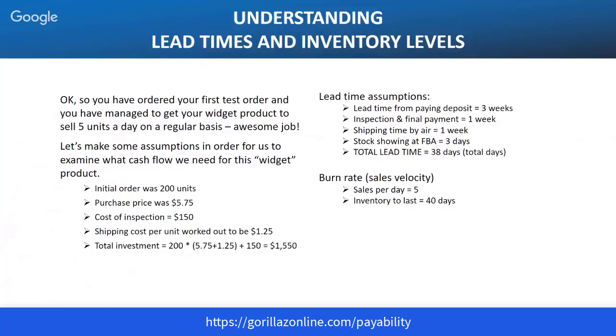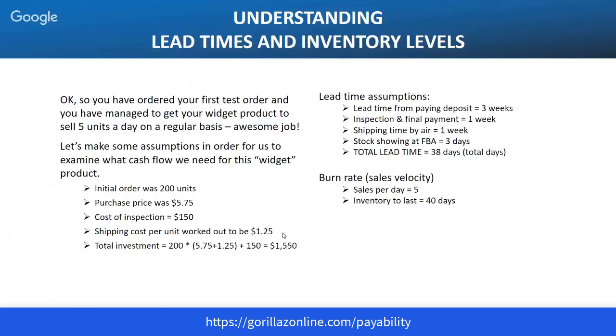Purchase price was $575. The cost of inspection was $150, just to make sure that everything was running smoothly for our first order, and I always recommend getting a product inspected before it leaves China.